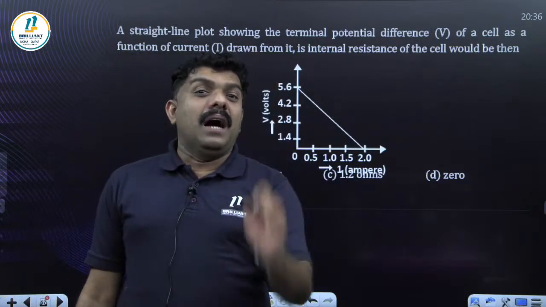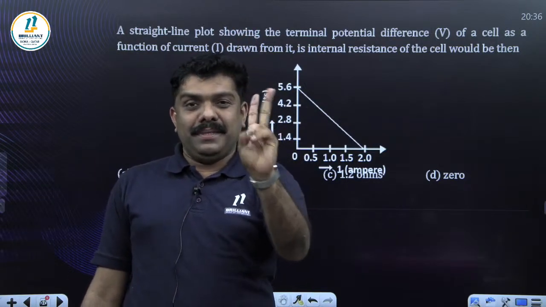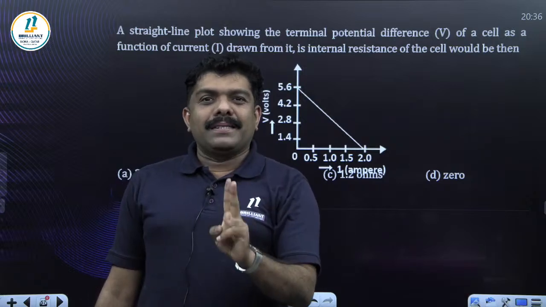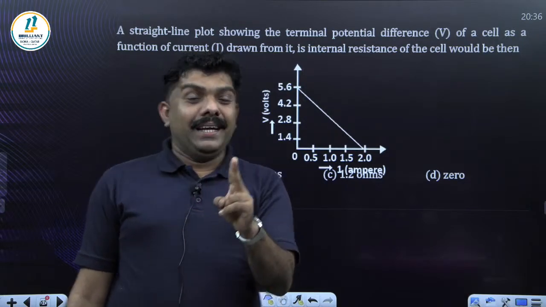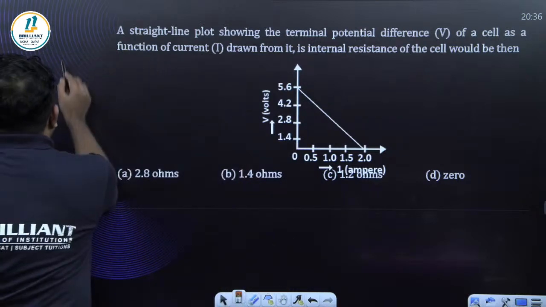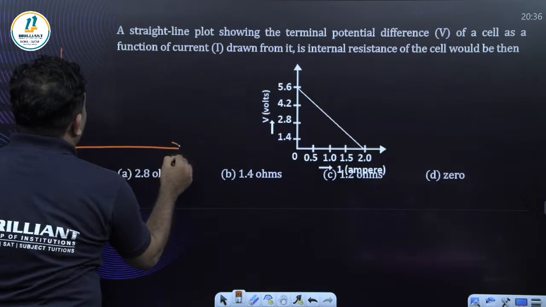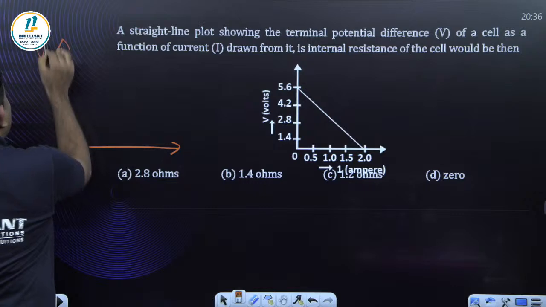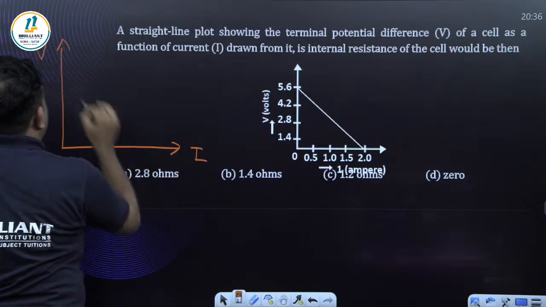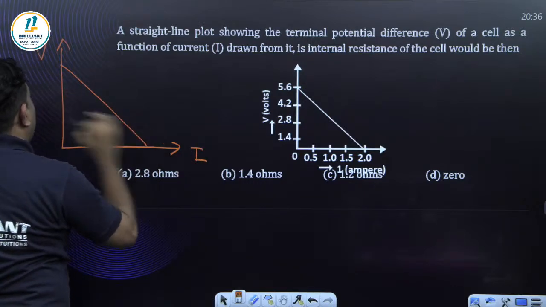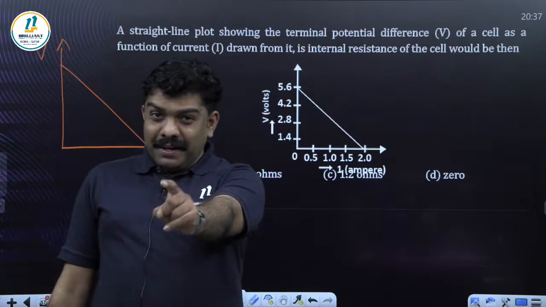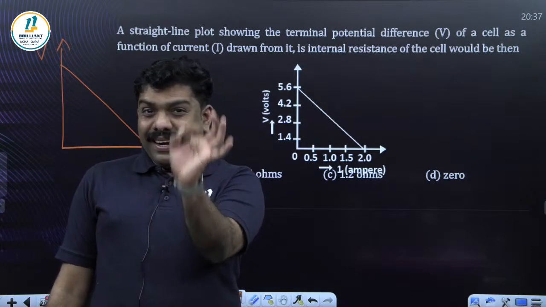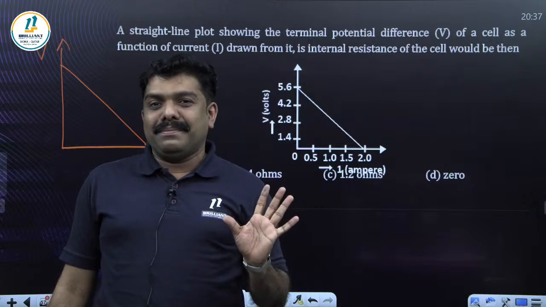This VI graph has two properties. For those who are not recalling them, we are revising. The VI graph across a cell.